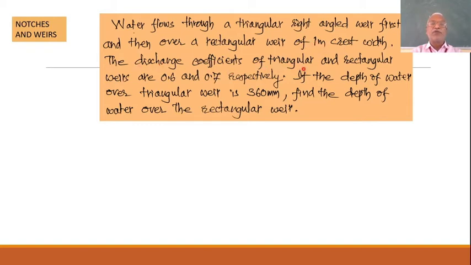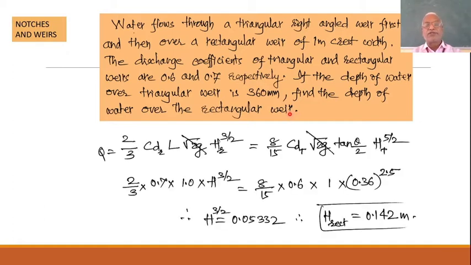The discharge coefficients are 0.6 for the triangular weir and 0.7 for the rectangular weir. If the depth of water over the triangular weir is 360 mm, that is 0.36 meters, find the depth of water over the rectangular weir. It is simple, though it looks quite lengthy.